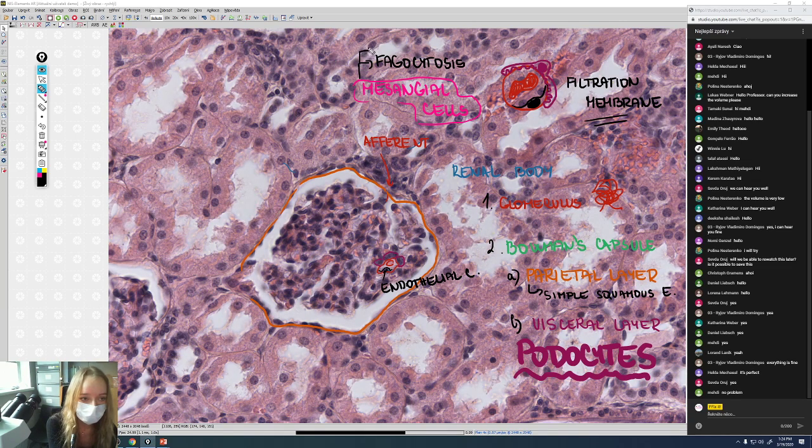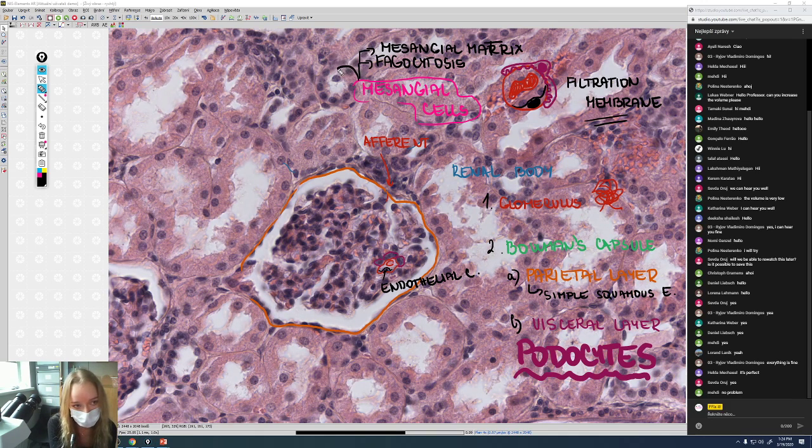Also, they're able to create matrix, and it's, of course, called mesangial matrix. So it's not only capillaries and cells here. There is also some kind of tissue around, and it's called mesangial matrix.